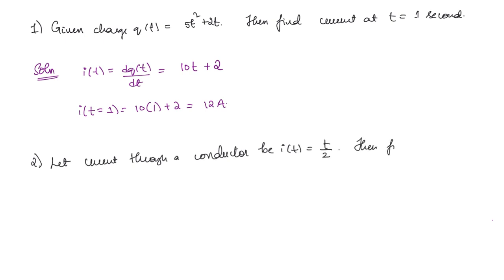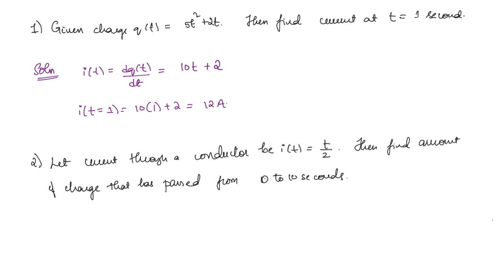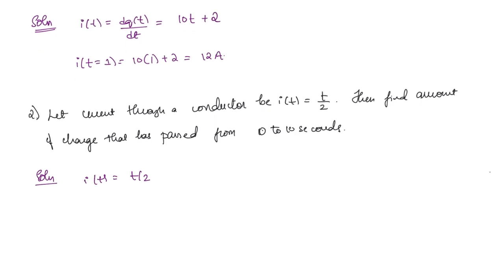Then find the amount of charge that has passed from 0 to 10 seconds. Here as well you can pause and do the question yourself first. So the current is given, I of t is equal to t by 2. Then what about the charge? How will you find the charge?